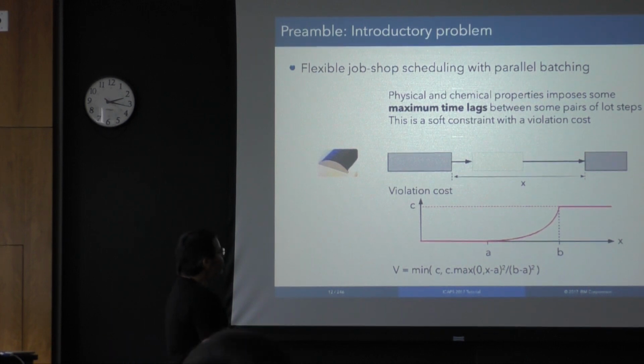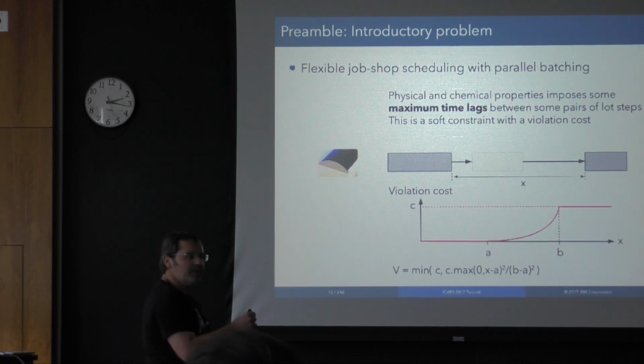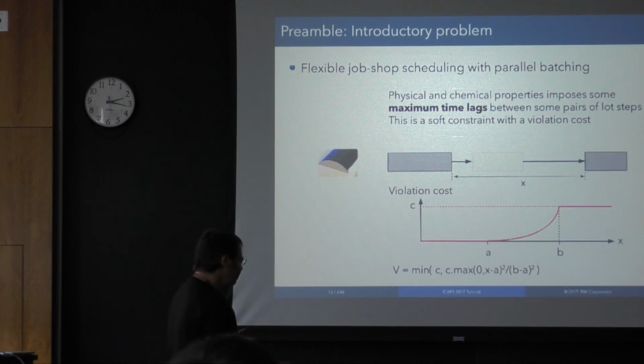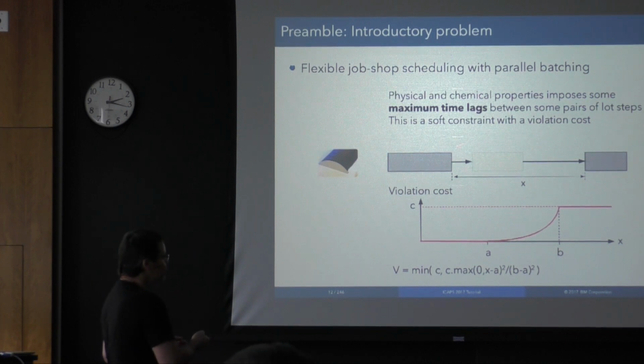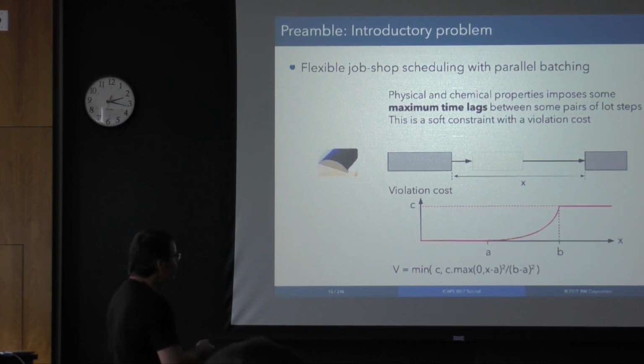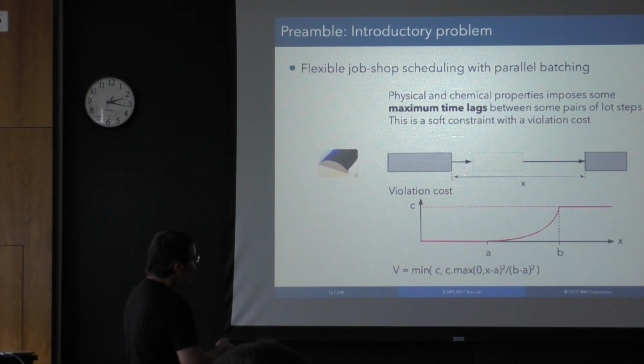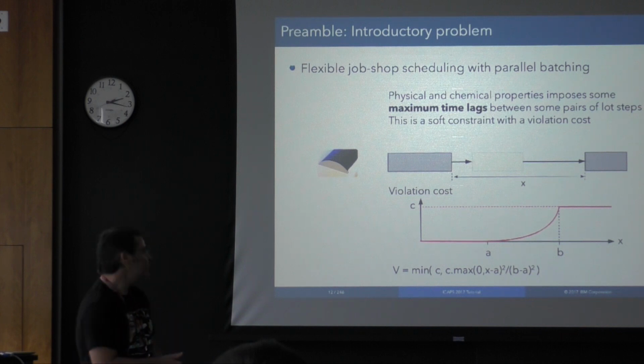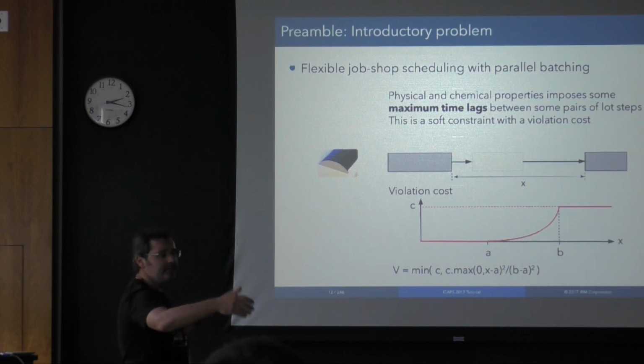But there is another interesting thing. You have some chemical and physical properties that impose some maximal delays between some pairs of activities of the same lot. For instance, here, between this step and this step, you measure the temporal distance, and ideally you should not exceed a maximal time because if you wait too long, then this is very bad.